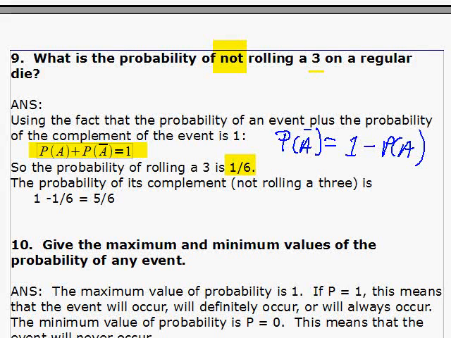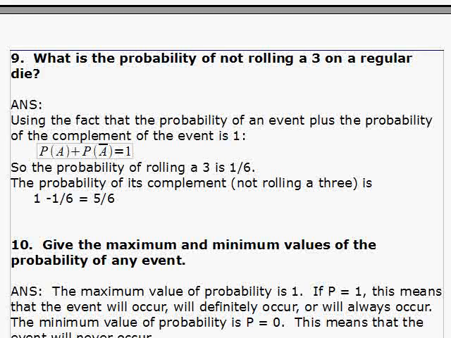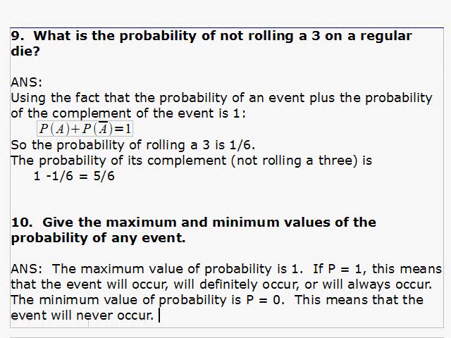The next little problem down here, which you can't read very well, let me try to. Okay. Give the maximum and minimum values of probability for any event. We should be able to get this pretty easy. It'll be 1 for the maximum and 0 for the minimum. When the probability is 0, it means the event will never occur.